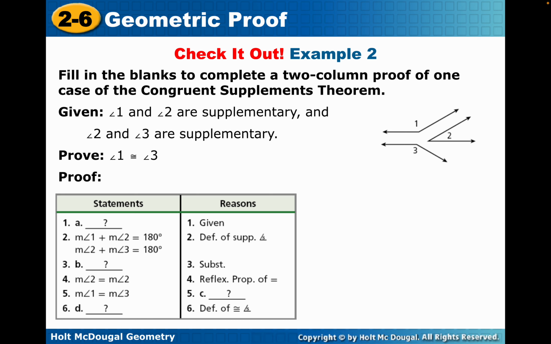So there's going to be 6 statements, 6 reasons. I hope you're able to at least get 2 of the letters that you have to find. Go ahead and write that top part out, and then I will zoom in in a second. So just make sure you get that written down.